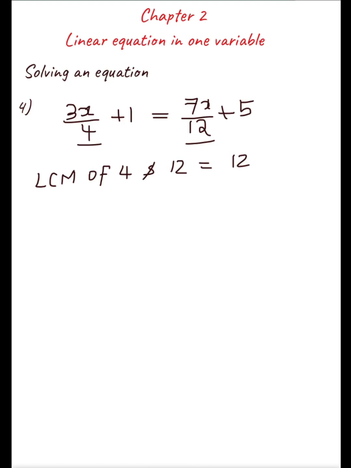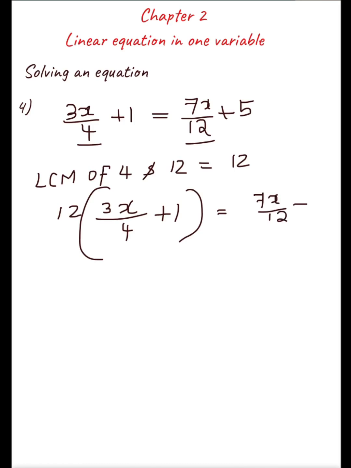That means you take 3x by 4 plus 1, into 12, equals 7x by 12 plus 5, into 12.